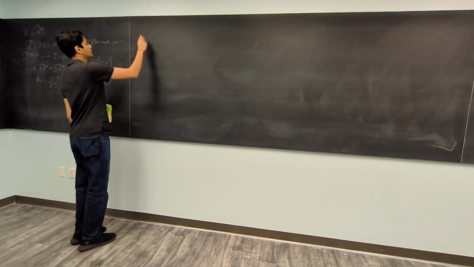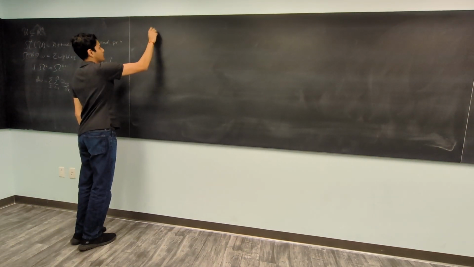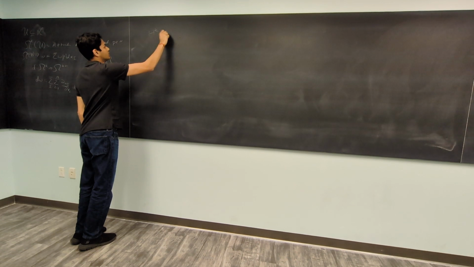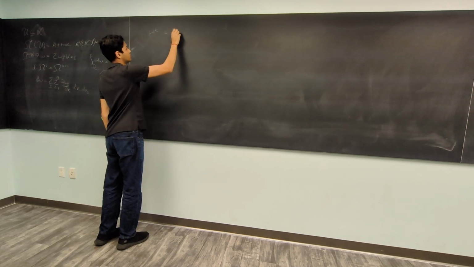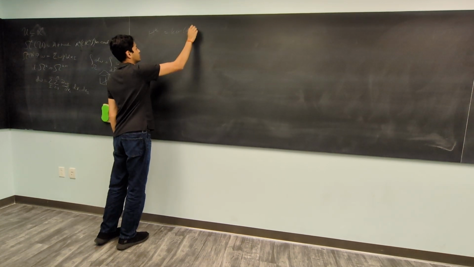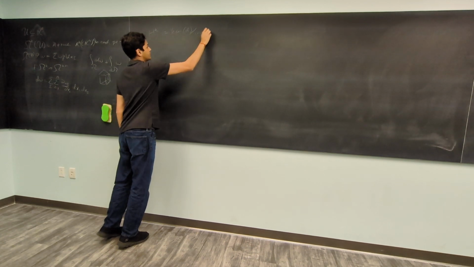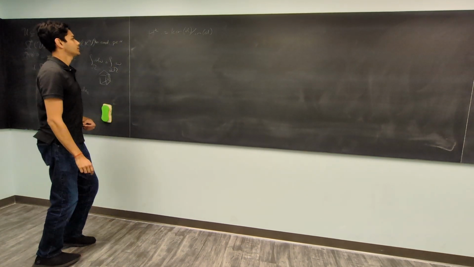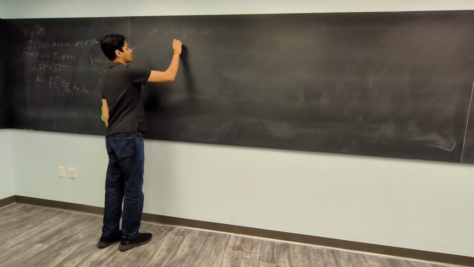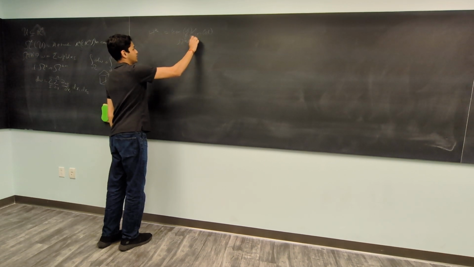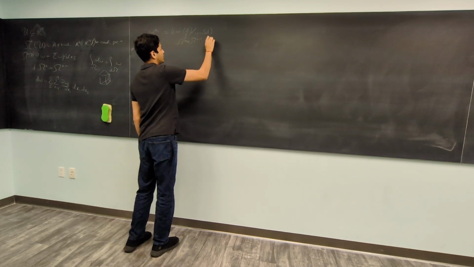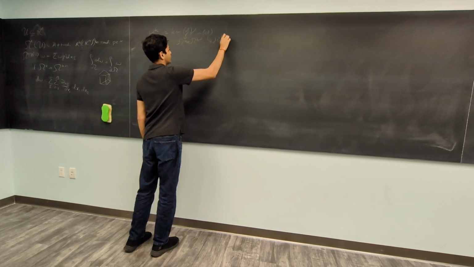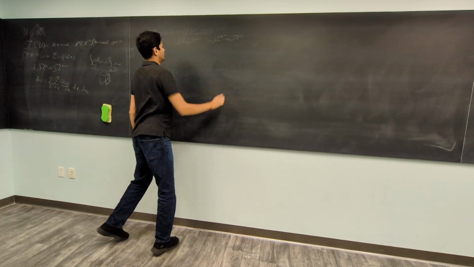Okay, so H^k is defined to be the kernel of d over the image of d. And what this means is that this d goes from omega^k to omega^(k+1), and this d goes from omega^(k-1) to omega^k.